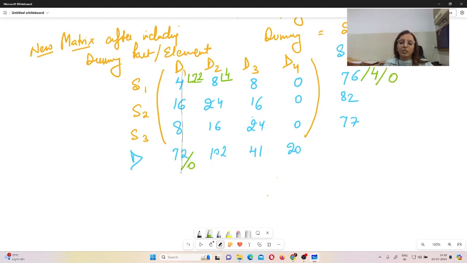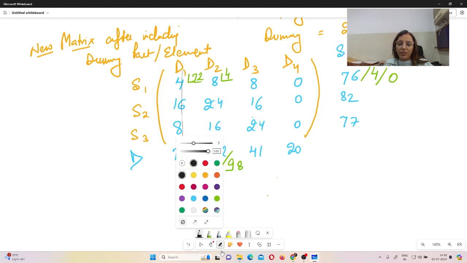So the remaining balance will be 0 over here, and 102 minus 4 will be 98. Now S1, the supplier one, is fulfilled: 72 units are given, 4 is also given, so 76 is wound up. Now we go to the next, the north corner, 24, having a demand requirement of 98 and a supply requirement of 82.